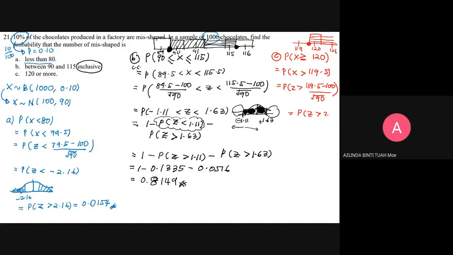So decimal places sahaja, nak baca table ni, 2.06. 2.06 madam. Okay, we have nice value greater than and positive number. Boleh terus refer table. Berapa ini? 0.0197. Alright, thank you. Okay, madam.